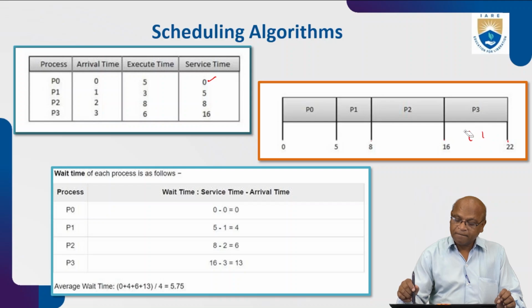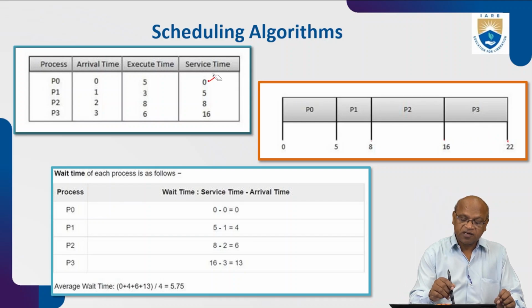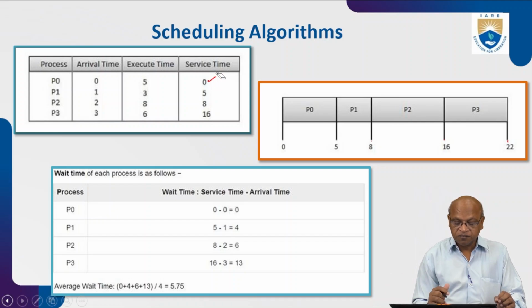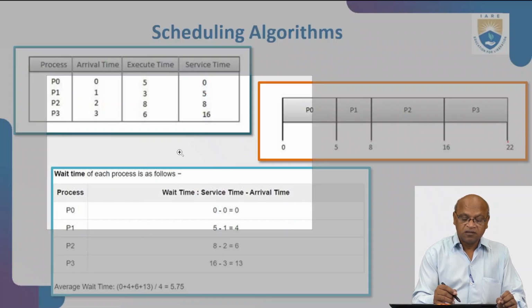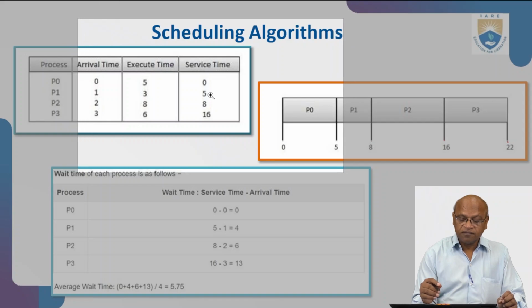Now we'll look at P1. How much time does P1 take? What is the waiting time for P1? P1 wait time equals service time minus arrival time. This is the service time for P1, 5.